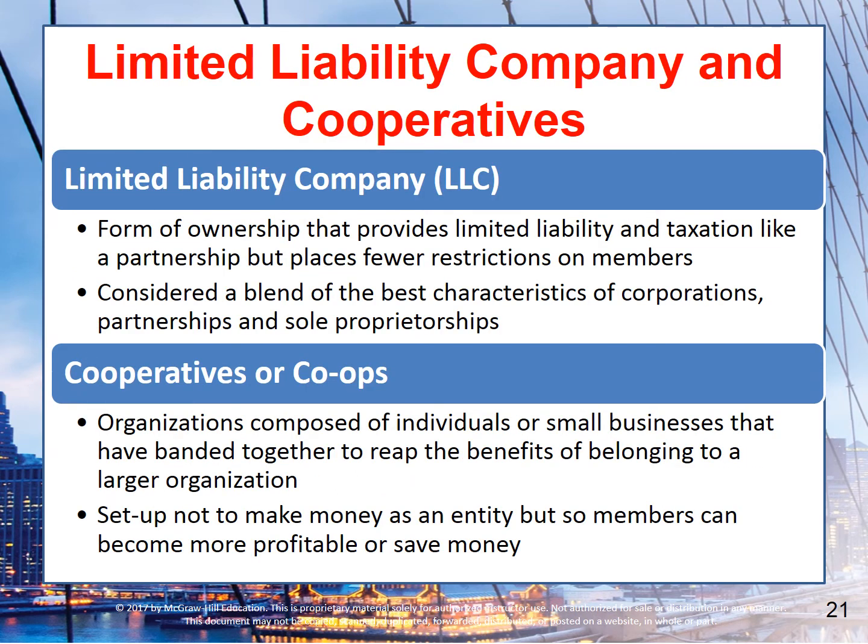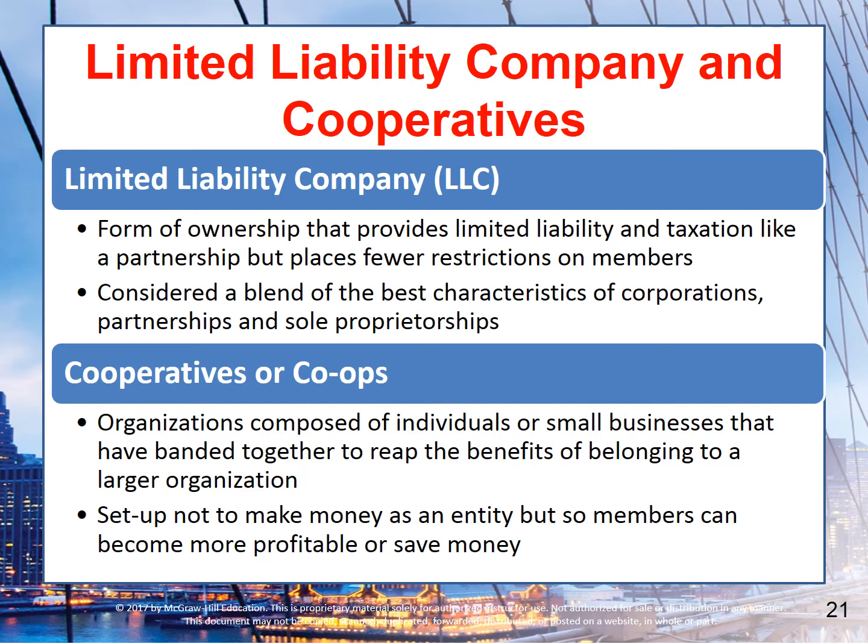Some other types of corporation is a limited liability company, LLC. Now, I advise my students that if they're going to go into business for themselves, they always either want to be an S corporation or they want it to be a limited liability company.